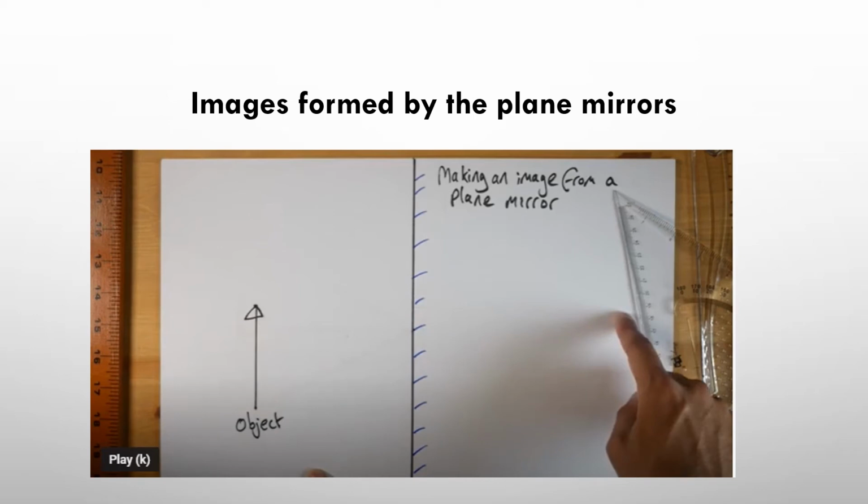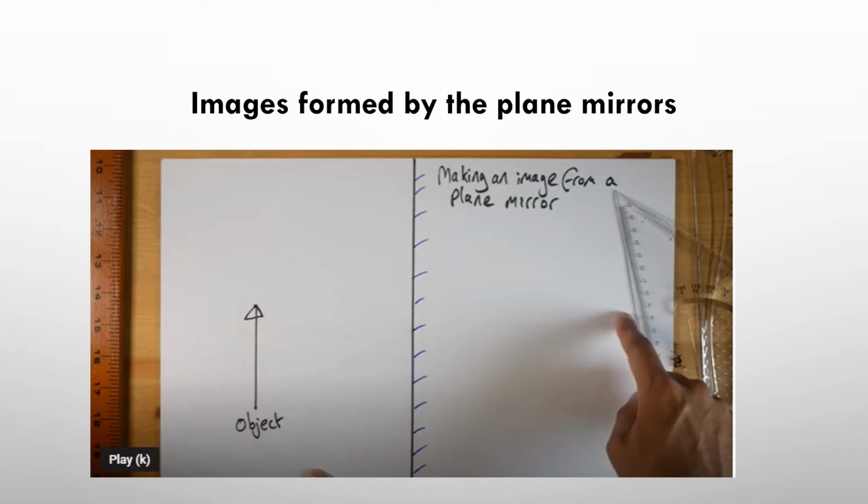Now you have learned the laws of reflection, and you also know how to draw the ray diagram for reflection through a plane mirror. So here you are going to draw the image formed by a plane mirror by applying the laws of reflection and the knowledge of drawing ray diagrams.